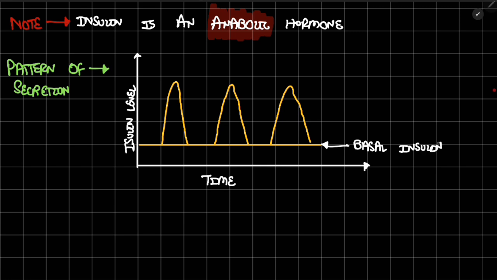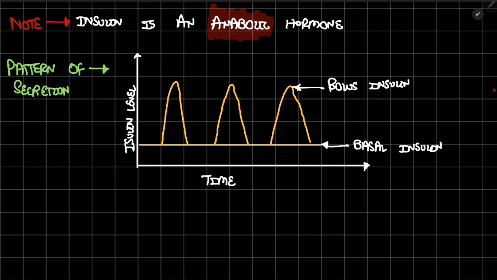And these peaks are known as the bolus insulin. These two types each have their own significance. I said that ideally this should be the graph.